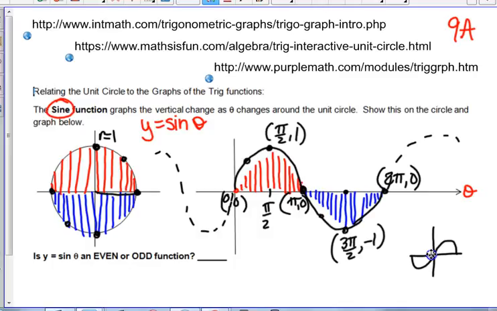They could not get that last period, so I drew it on this piece of paper. But yes, it looks the same? Okay. So if it looks the same upside down, when it goes through the origin, it means it has origin symmetry, which is? Anybody remember? Odd. It is odd. What does even mean? Y-axis, okay? And this one does not have y-axis symmetry.